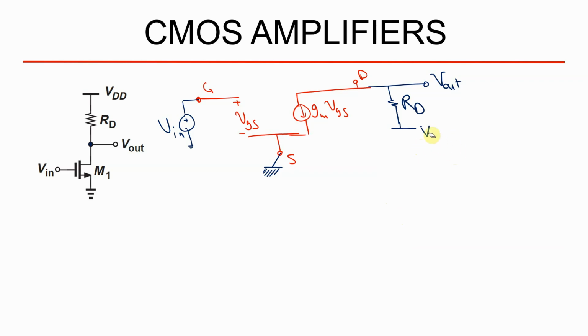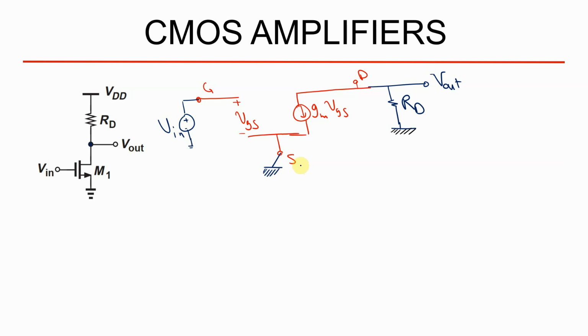So for this VDD, you have to eliminate it and just connect it to the ground. This is important because this is an AC model, and we're going to calculate the gain of this device by this model.